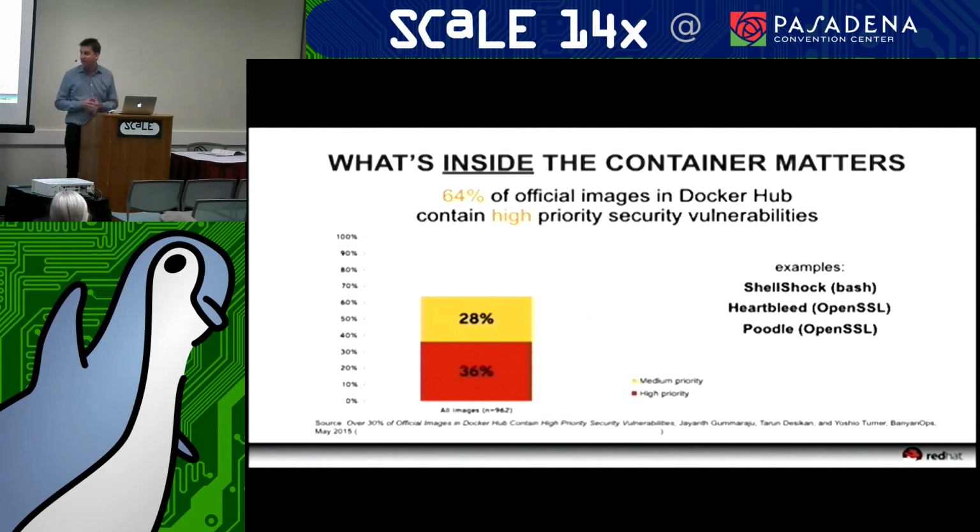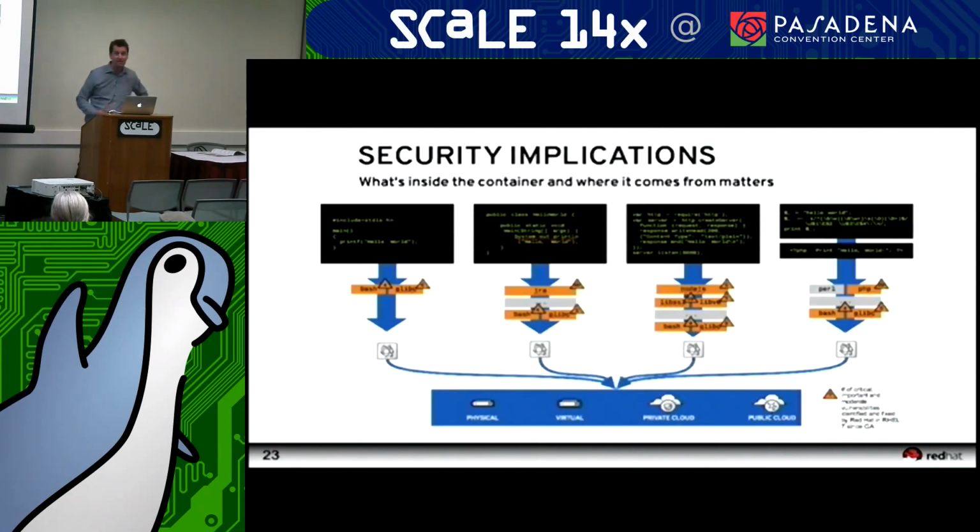So 64% of the publicly available images that a lot of developers are pulling down into the enterprise have security issues. And that's just at the time of pulling them down. Just think about what happens to that image over time. Let's take a look at that.